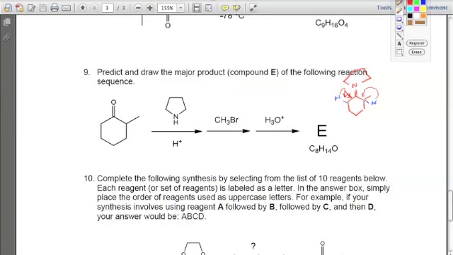I'm calling it an enolate-esque compound because it's the same type of concepts behind it. You're going to want to form the most stable enolate, unless you're working with the big bulky bases. And the most stable enolate is going to be the one that has the double bond that's the most substituted.